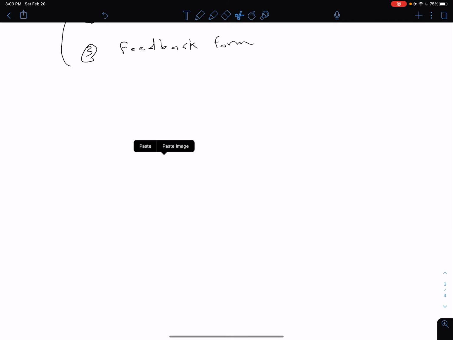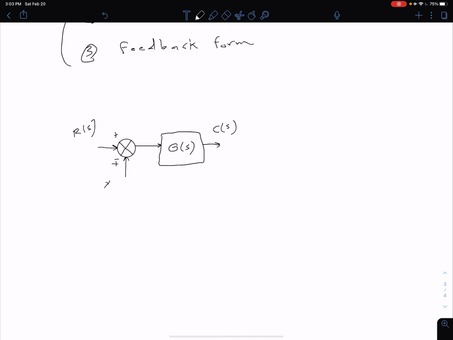So let's put a summing junction here, and let's say we have a block G of S on the right side of our summing junction, and this is our output C of S. We have some input R of S, and some other input X of S, which is either being subtracted or added.